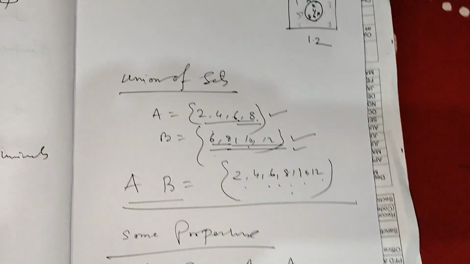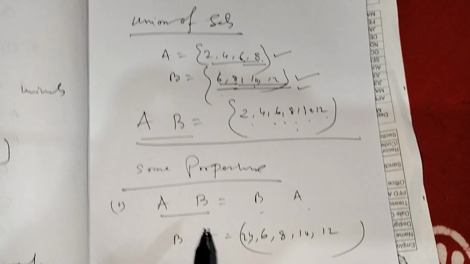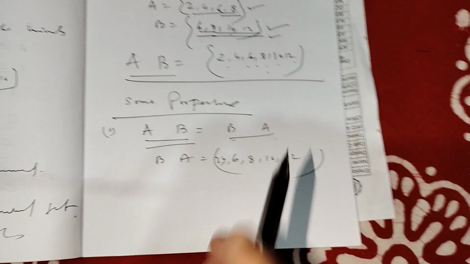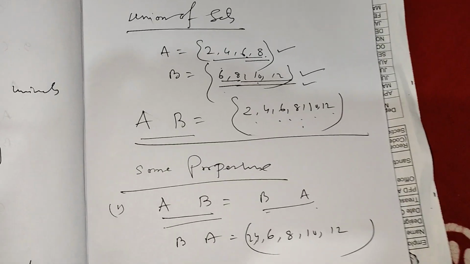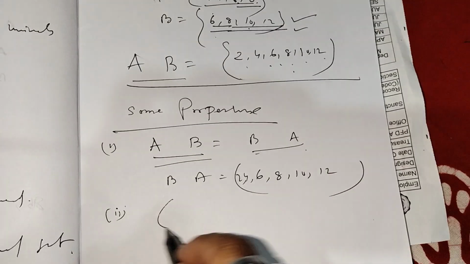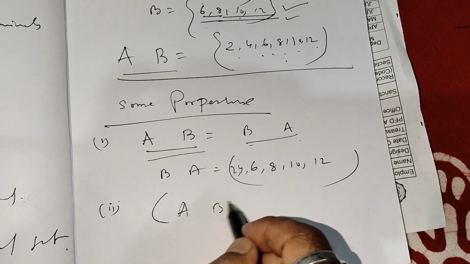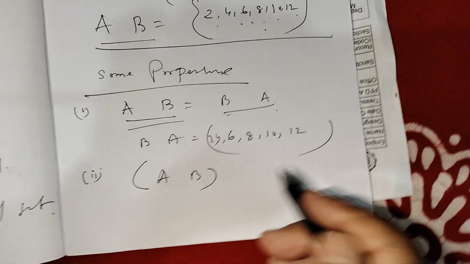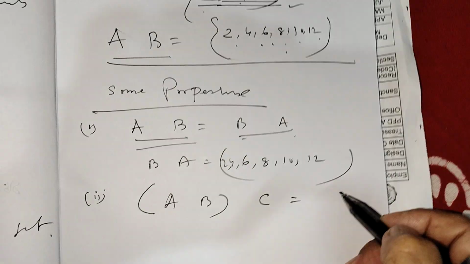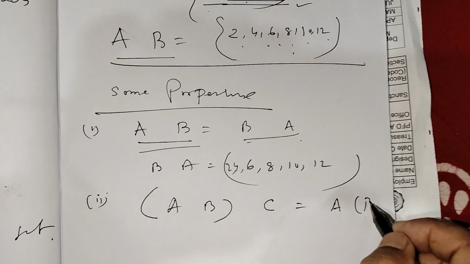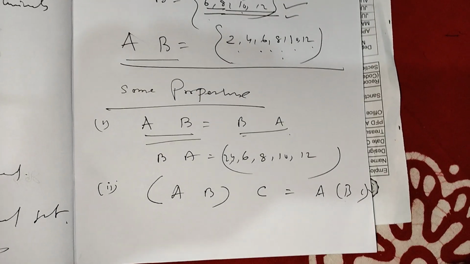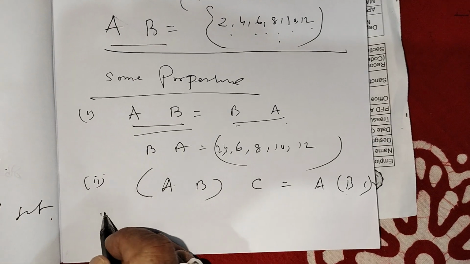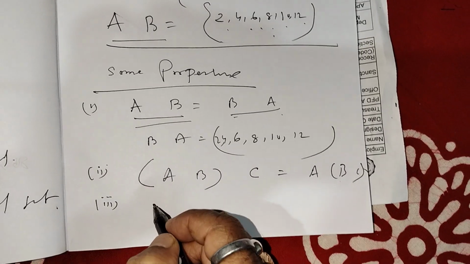Okay, the first one. And second one, A union B union C is equal to A union B union C. Number three, A union phi is equal to A. It is the law of identity element, and phi is the identity.